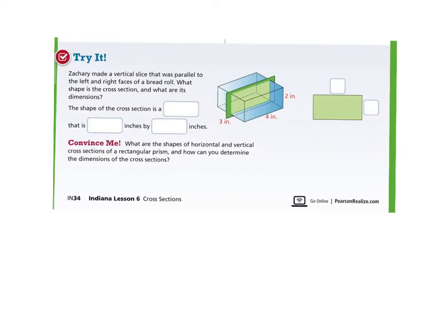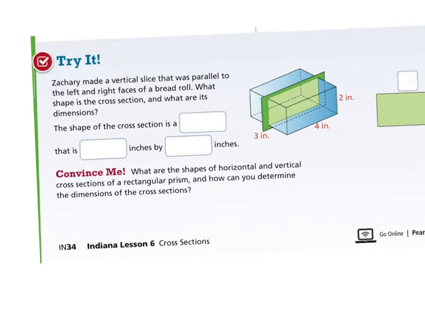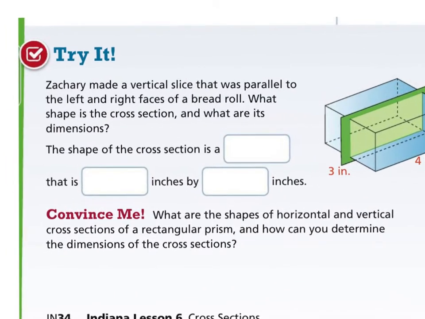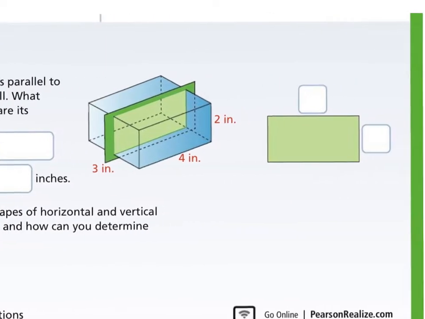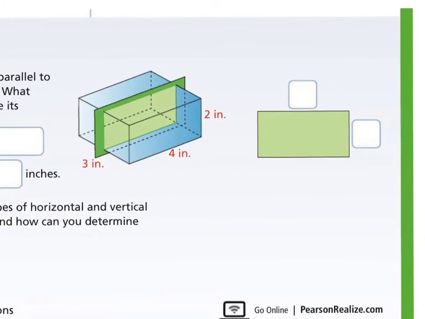So if we look at the try it, Zachary made a vertical slice that was parallel to the left and right faces of a bread roll. What shape is the cross section and what are its dimensions? So here's the picture, and we've got to figure out what the shape is and what the dimensions are going to be. As the picture suggests, it is going to be a rectangular cross section again.